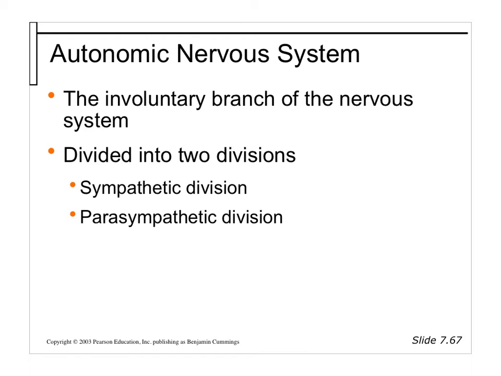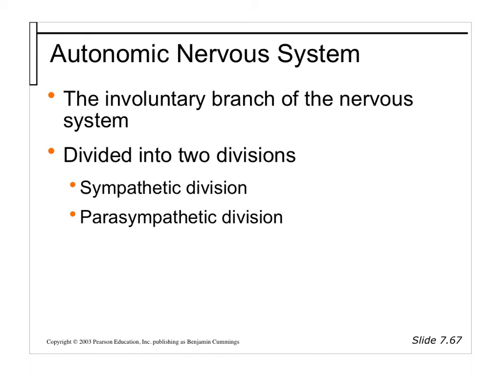So this is, as you see, the involuntary branch of the nervous system. So it is dealing with anything that happens in your body that is not consciously controlled. So digestion, urination, breathing, heart, all of those things.